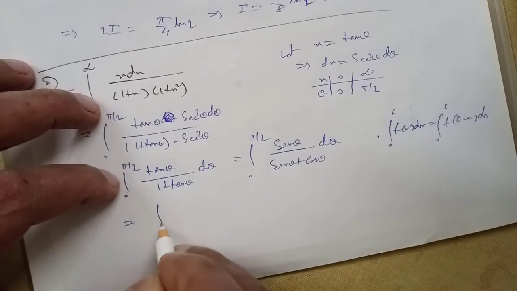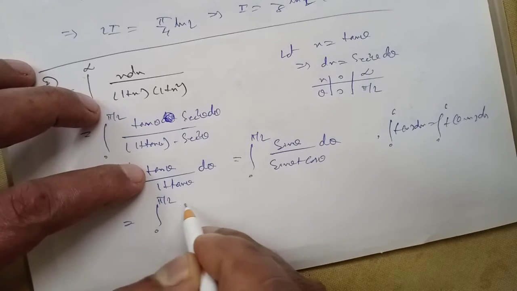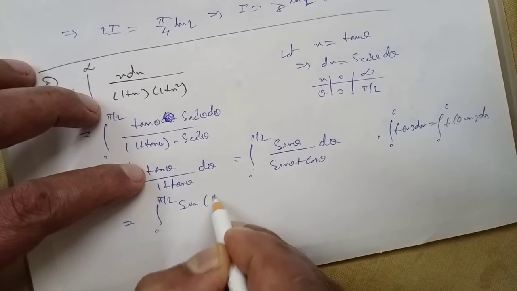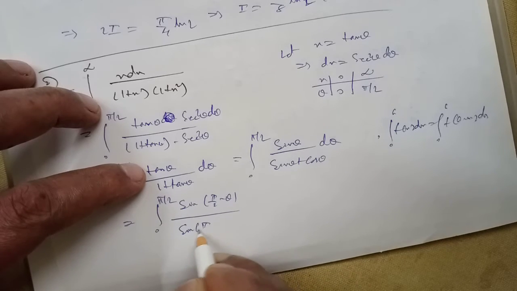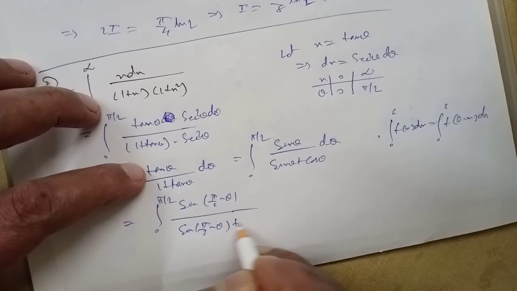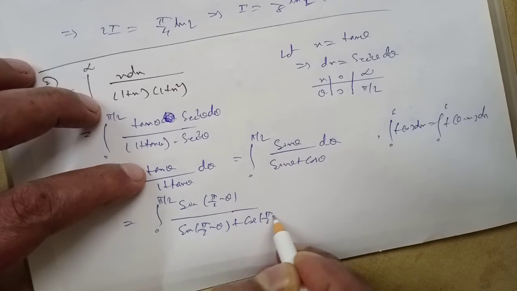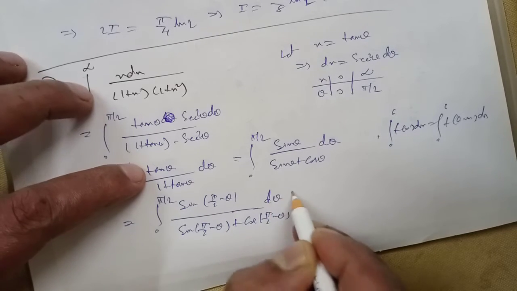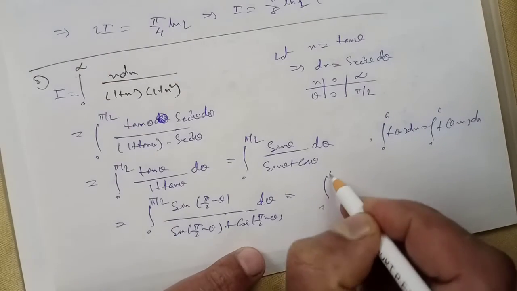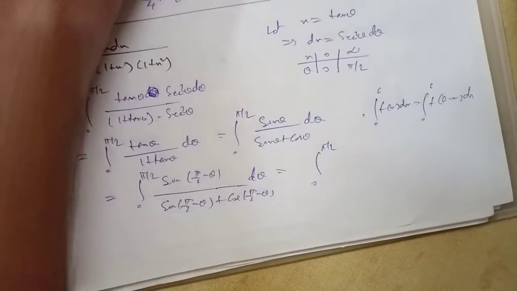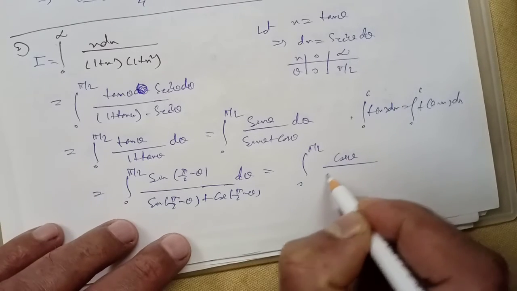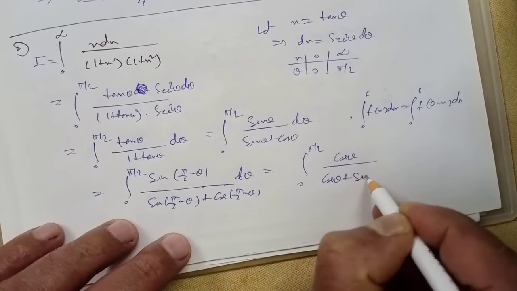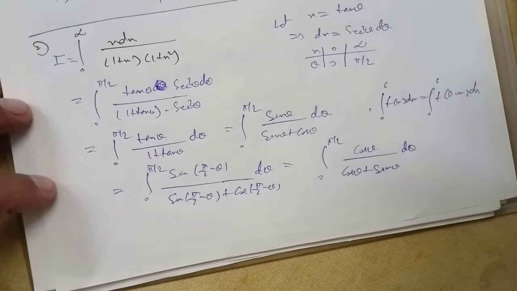So applying it, we get 0 to pi by 2 sin of (pi by 2 minus theta) by sin of (pi by 2 minus theta) plus cos of (pi by 2 minus theta) d theta. So this becomes 0 to pi by 2, in the numerator cos theta, and in the denominator cos theta plus sin theta d theta.